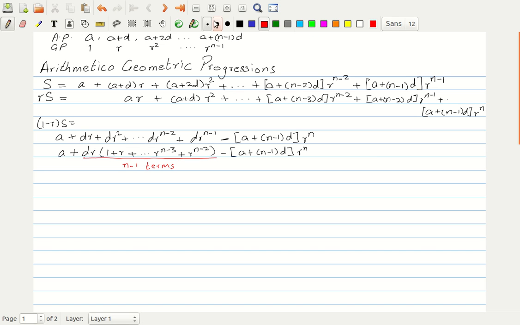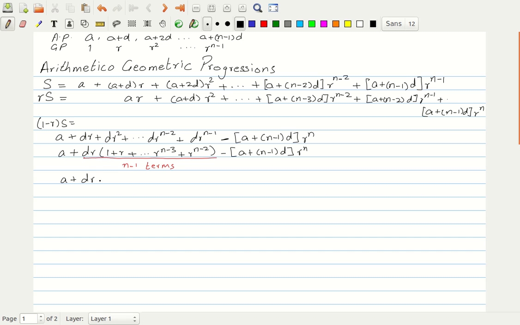Okay, so we can write the sum of this geometric progression. So this means that this is a plus dr, how to write the sum of n terms of a geometric progression? It is a times 1 minus r to the power n.